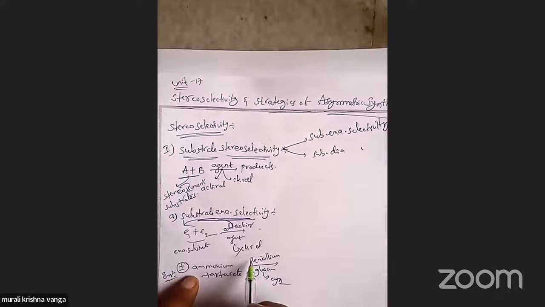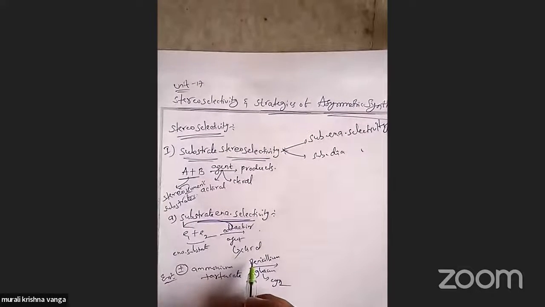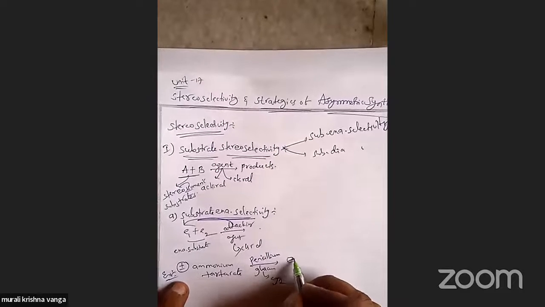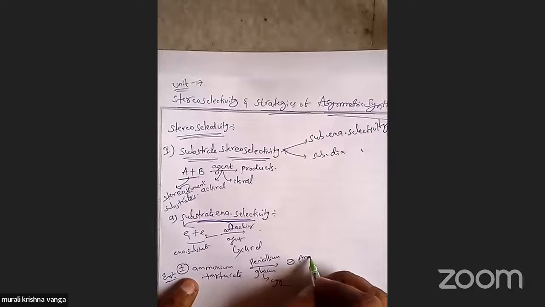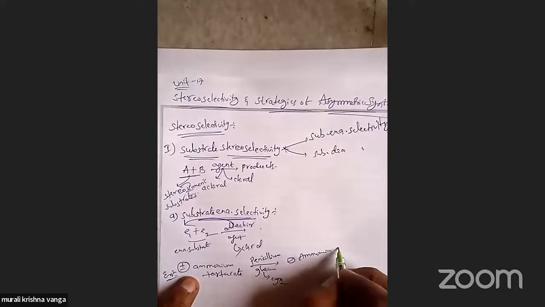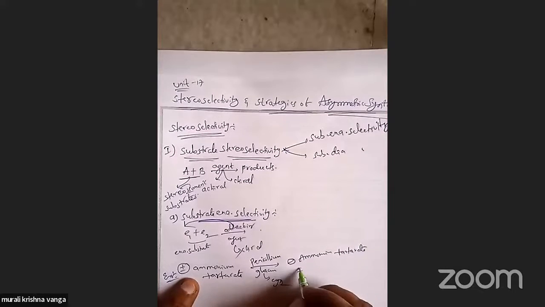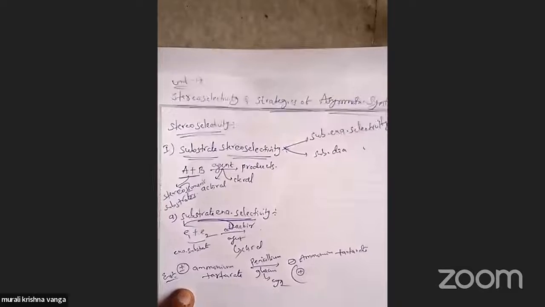This enzyme preferentially reacts with one starting material, one enantiomeric substrate. Plus ammonium tartrate is consumed by the enzyme, leaving minus ammonium tartrate.